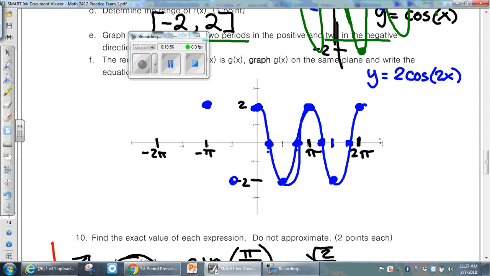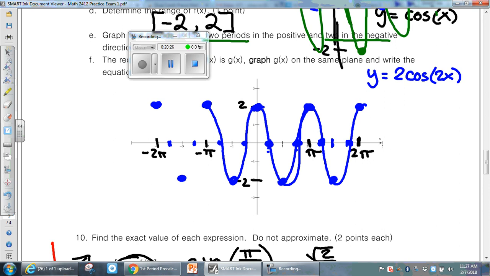We have a min, intercept, intercept. We need one more period on the left. So another max, another max. Guys, are you taking notes? And then, right in between the two max, you have the min. Then we have intercept, intercept.